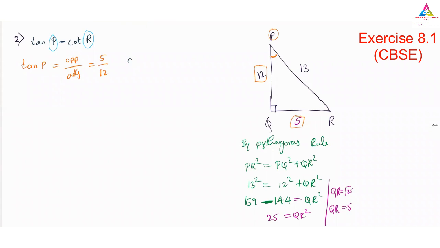But now we have to move on to the cot R. Cot R is nothing but adjacent by opposite. Yes, it is adjacent by opposite. But now angles are not same. Now it is becoming the R. Now which is the opposite side for that angle R?